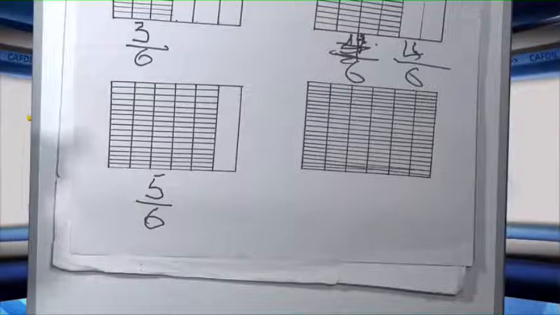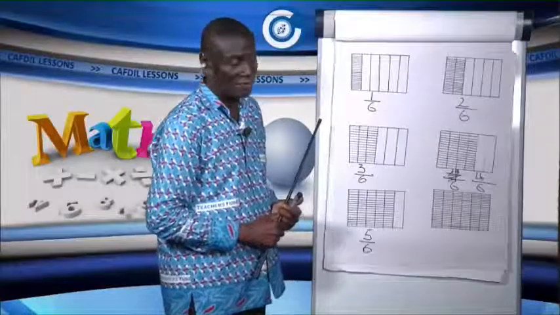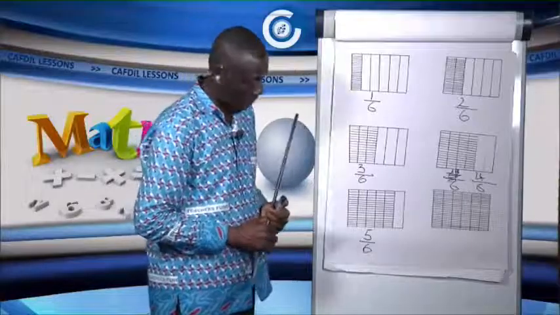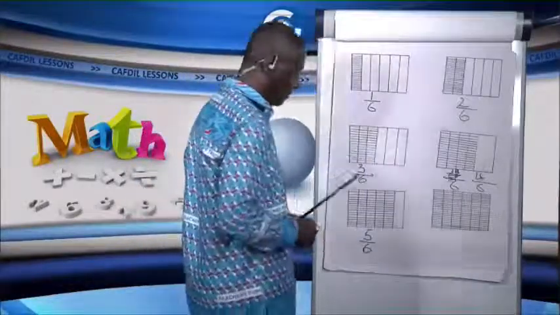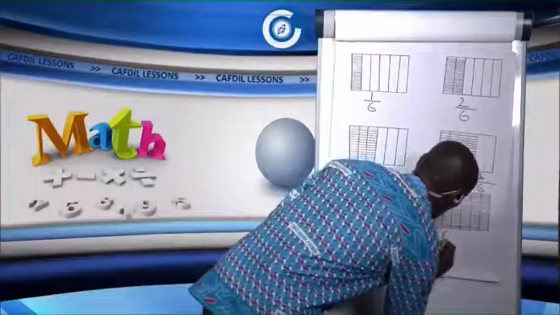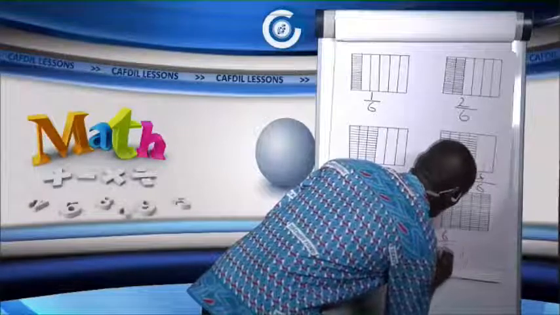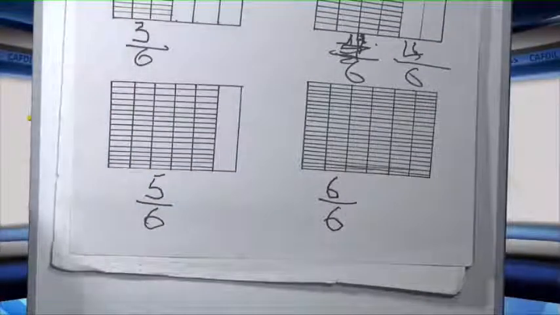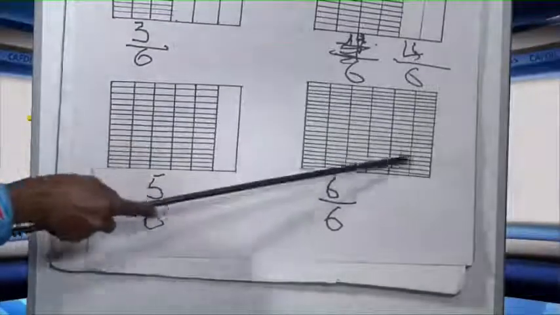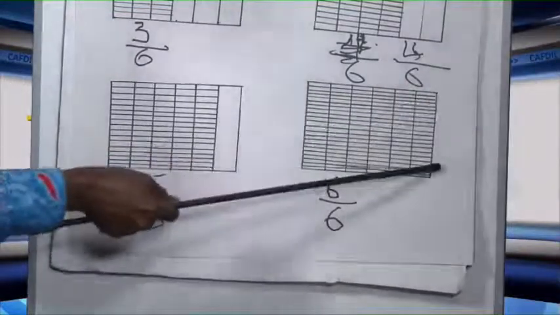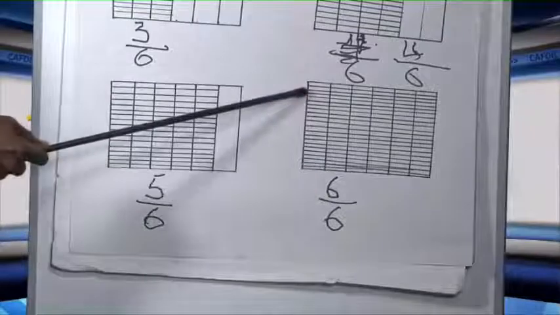Good. 6 sixths. Say it again. 6 sixths. Write it. What again do you see inside the rectangle? Look at it. Very good. The whole rectangle has been shaded. That is good.